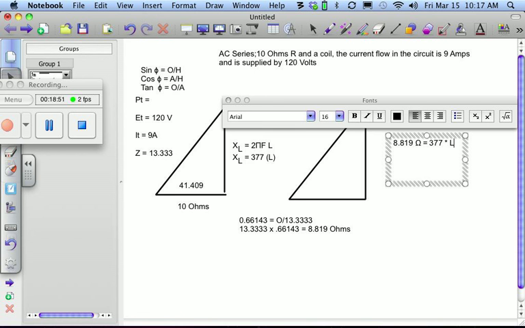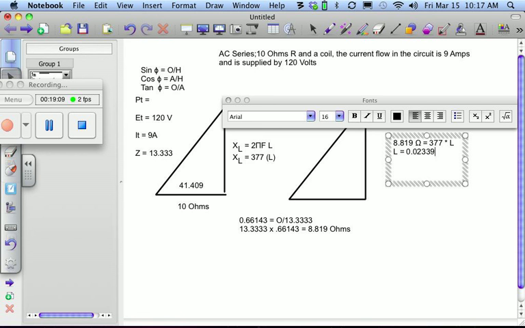And now it says that L is equal to 0.02339 and so on.